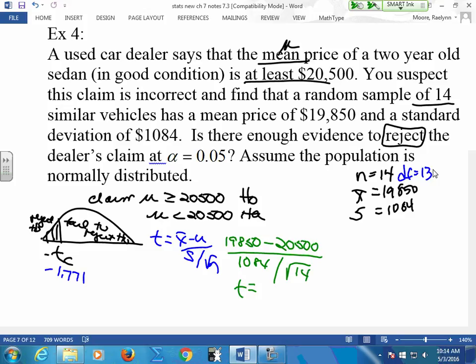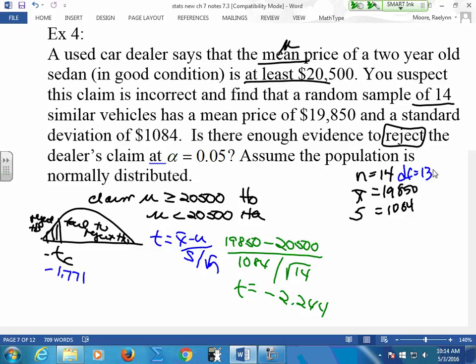So again, you're going to put it in your calculator. We're going to get negative 2.244. Remember, table 5 gives you 3 decimal places, so try to stick with 3 decimal places.